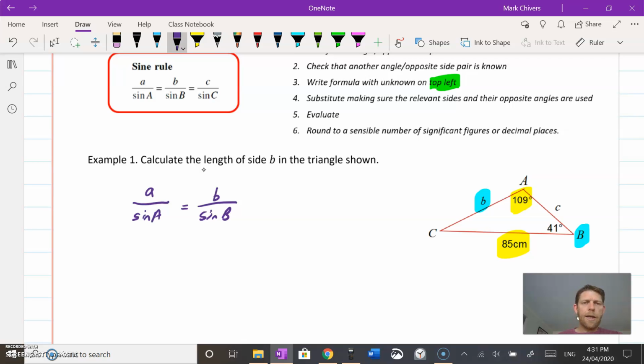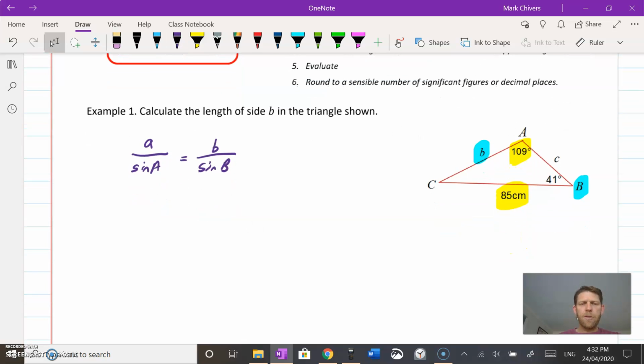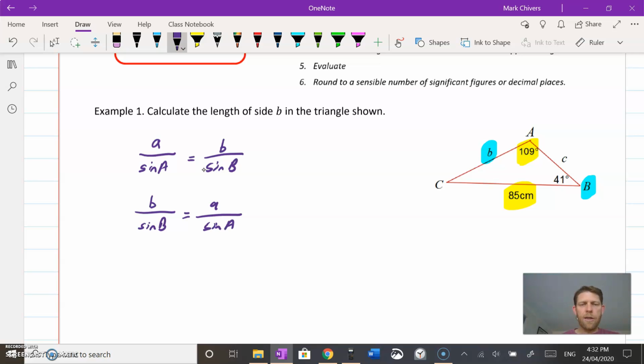So in this particular case, we just start filling in, as always, what we know. I suppose the only thing we'll probably do in this case is rearrange that and call that B over sine B equals A over sine A, and that'll just mean that we don't have to rearrange it. It's going to come out with B equals this.